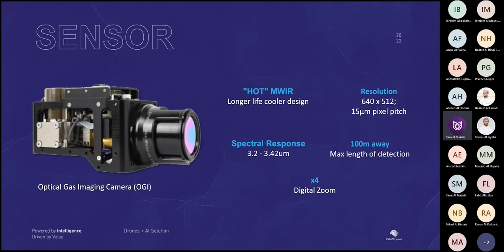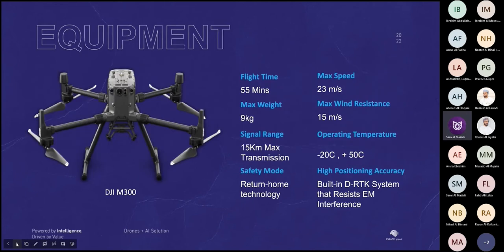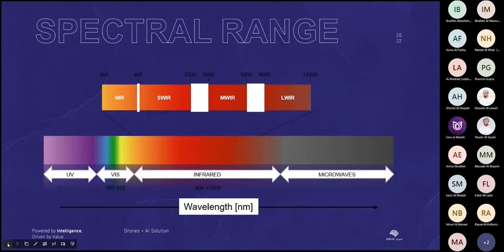It's a mid-wave infrared camera, of course. As you can see, the spectral response is 3020 to 3420. If we go back, as you see, it will only cover some range at the beginning of mid-wave infrared, but it is good enough for us to detect the gases that we want.